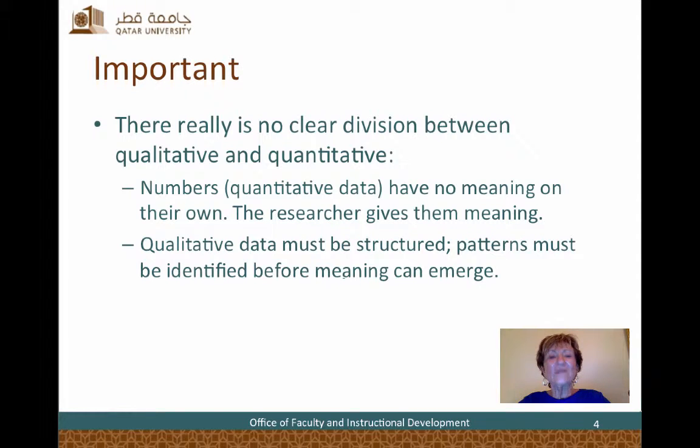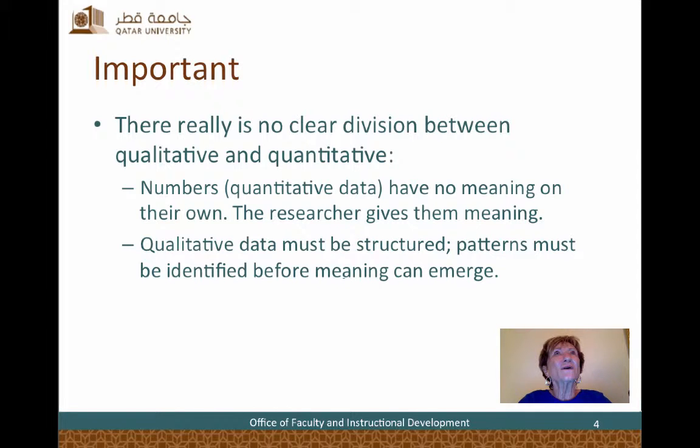For example, in quantitative research, numbers, quantitative data, really have no meaning. You do a mathematical procedure and you come up with a figure, but it's the researcher and the body of researchers who have given that figure meaning.